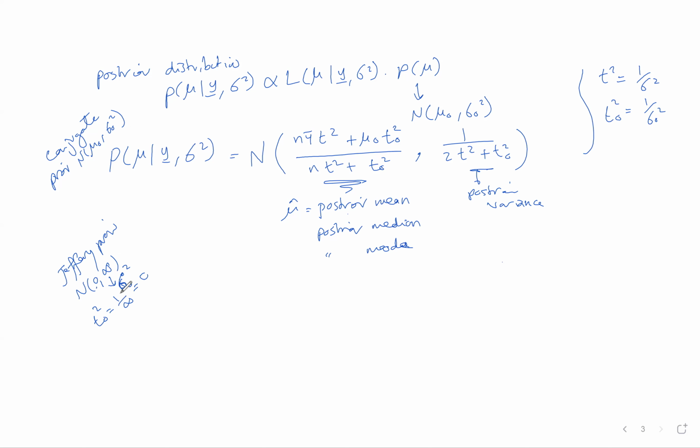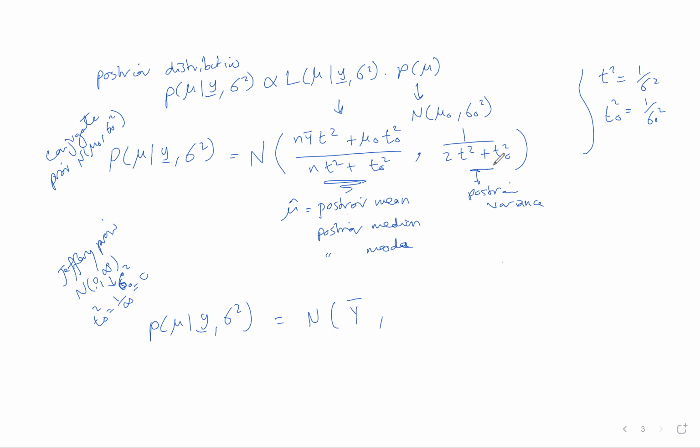So you look at this formula and plug in tau 0 square is 0. When you plug in tau 0 square is 0, it gives me the posterior distribution of mu given y and sigma square is normal again, and then you will find n y bar tau square divided by n tau square, it gives me y bar.